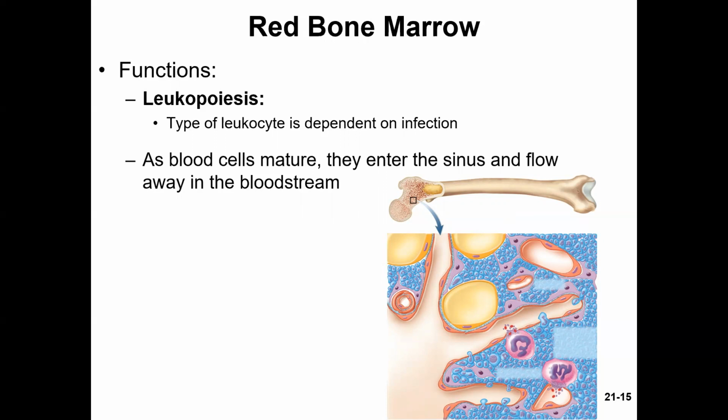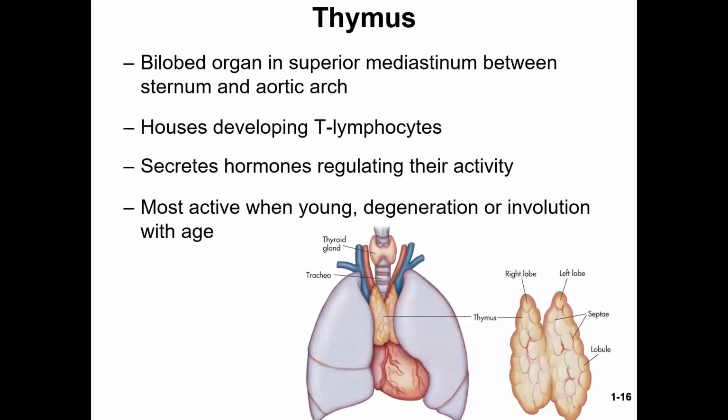As a blood cell matures, it enters the sinus and flows away in the bloodstream. The thymus is a bilobed organ in the superior mediastinum between sternum and aortic arch. This houses the developing T lymphocytes. It secretes hormones regulating their activity. They're most active when young, and they undergo degeneration or involution with age.